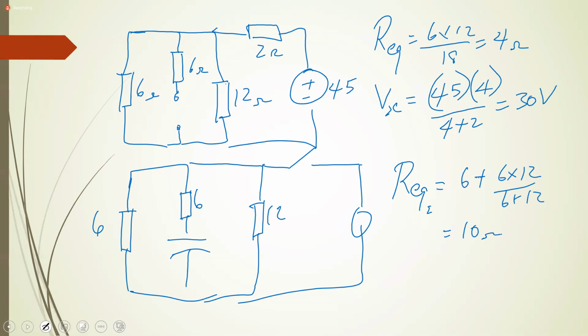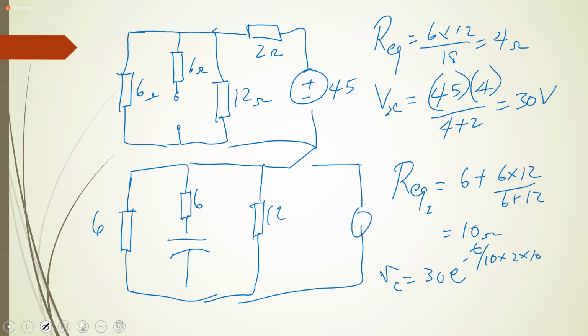Let me retrace. We want the current through the 6 ohm resistor. Before we get to the current, what's VC? VC would be V0, and V0 at this point would be the 30 that we just calculated, multiplied by e to the minus t over RC, since it's discharging, which would now be the 10 and the 0.02 microfarad capacitor.